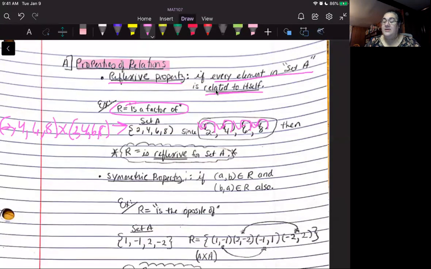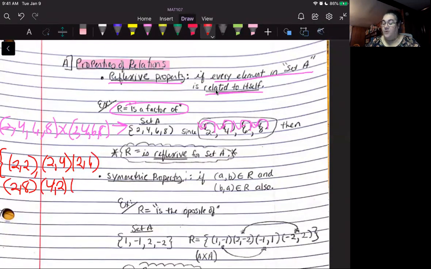Look at what happens if we take the actual cross product. Here's the new set that we're creating: 2, 2, there's the reflexive. Then 2, 4, 2, 6, 2, 8. Then we'd go 4, 2, which you don't really have to write down.